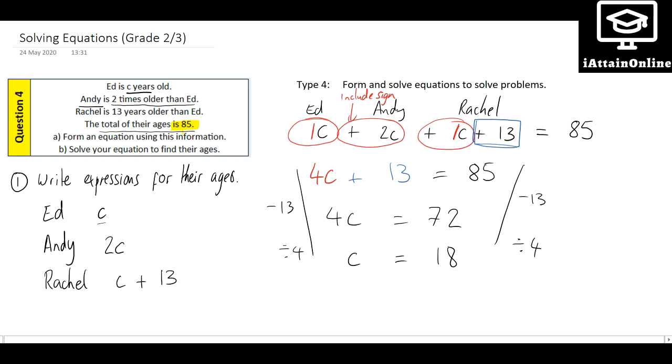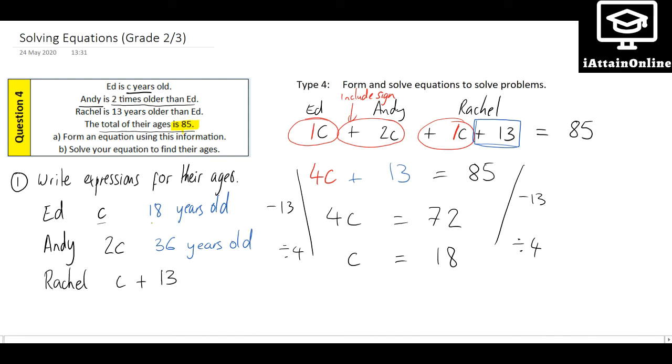So now that you've found out what C represented, we actually know how old Ed was. So Ed was 18 years old. Andy was double that. So Andy was 36 years old, 2 times 18. And then finally, Rachel was 13 years older than Ed.